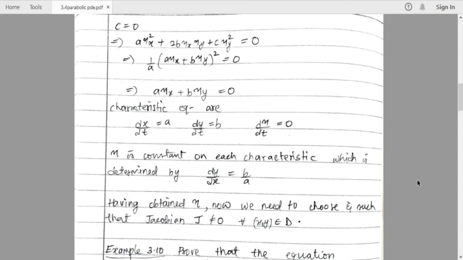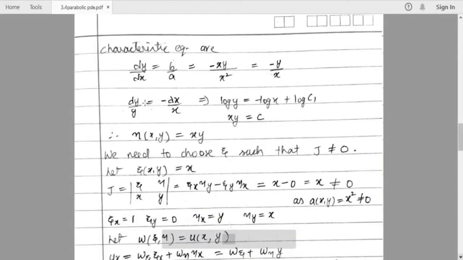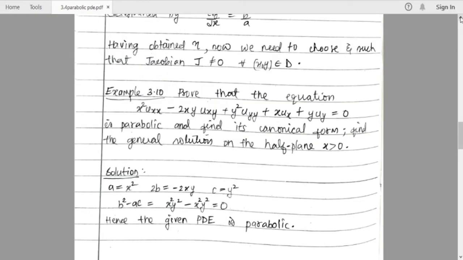Comparing with the standard form, we can write a, b and c. Here a equal to x square, b equal to minus 2xy, c equal to y square. So b square minus ac gives x square y square minus x square y square, which is equal to 0. Hence the given PDE is parabolic.